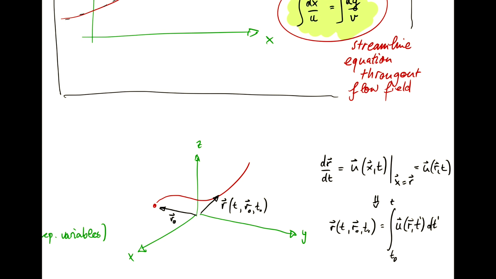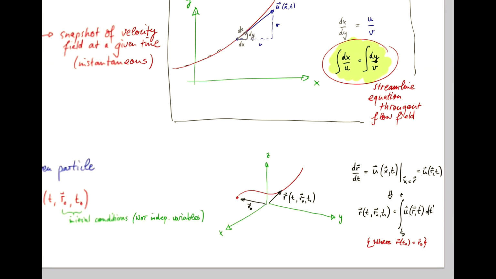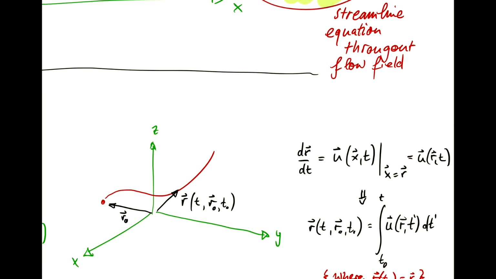The variable of integration we denote with a dash. And I've mentioned this before, just to clarify, here r at t0 is the same as r0. That's just a shorthand. So this is the equation for the path line.